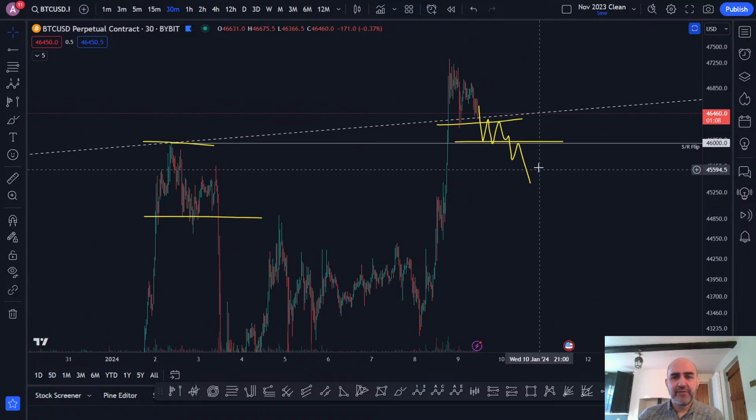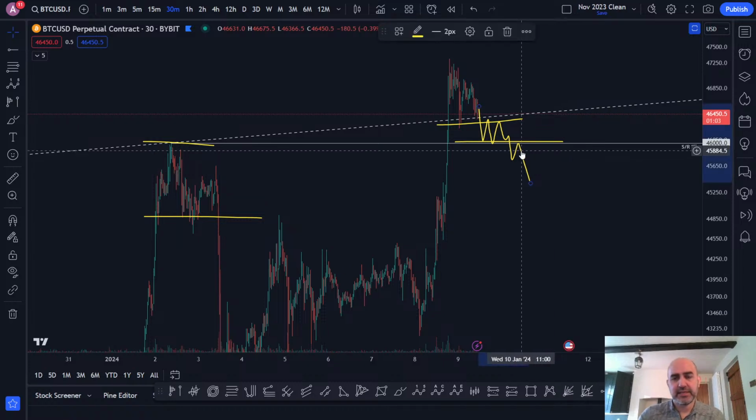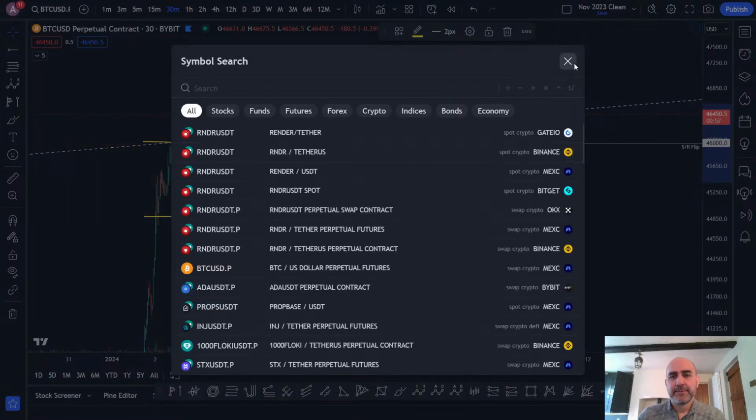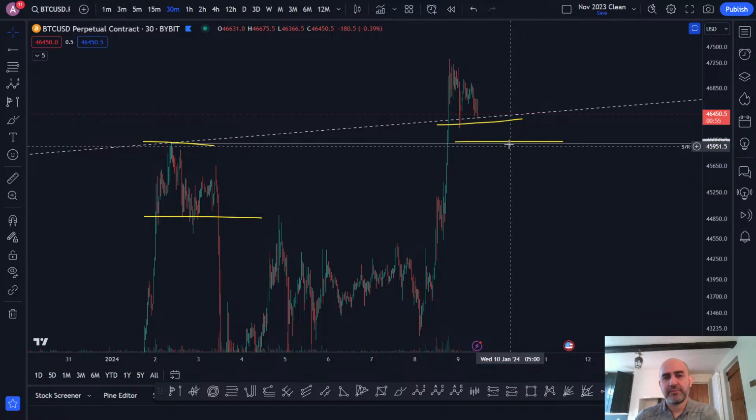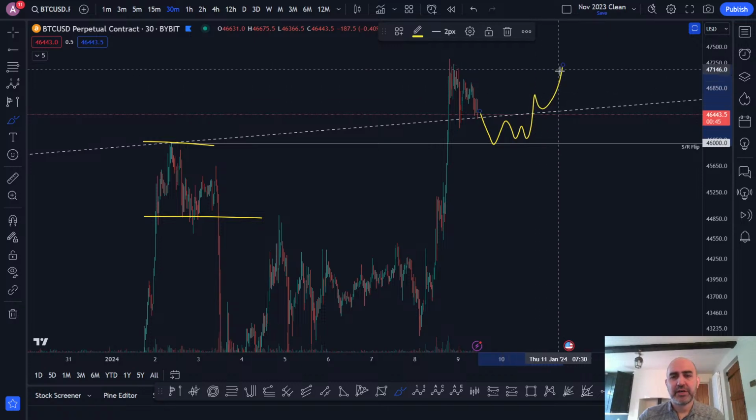So worst case scenario, I could deal with us losing this channel midpoint without losing this SR flip, and getting back above the channel. I think that would be okay.